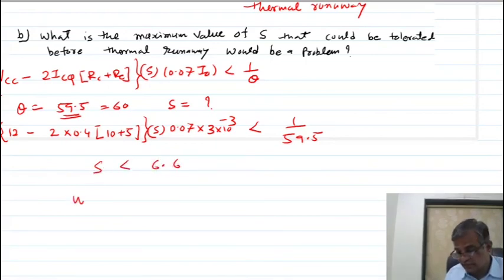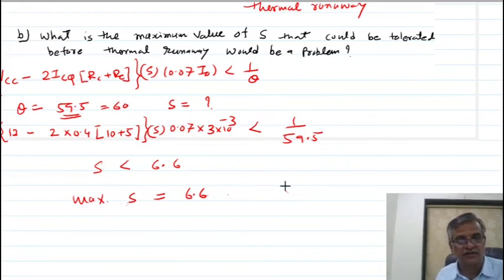So the maximum value of S should be nothing but 6.6. You can keep stability factor S as 6.6. If your theta is 60, then your maximum value of S should be this. S cannot be more than this. If the stability factor S is more than this, then thermal runaway problem will occur. If S is less than this, thermal runaway will not occur according to this question.